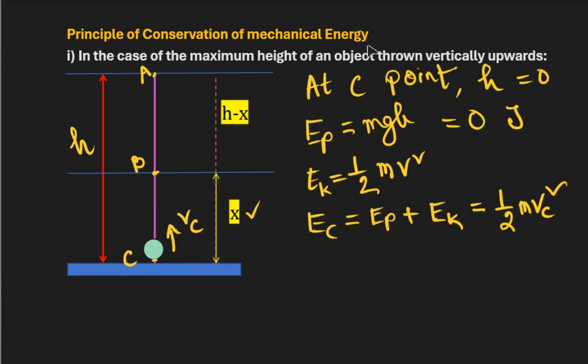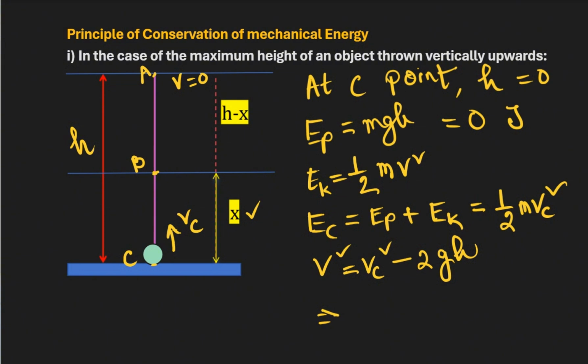When this object goes towards the maximum point, the final velocity at this point will of course be 0, and then it will fall down again. So the equation for the final velocity, v square, equals vc square minus 2g times h, as it goes upward against the acceleration due to gravity, and the maximum height is h.